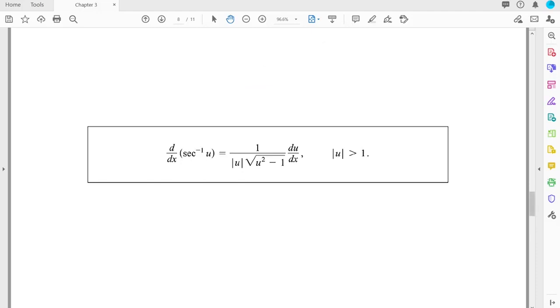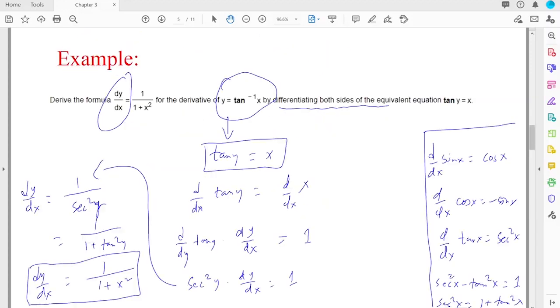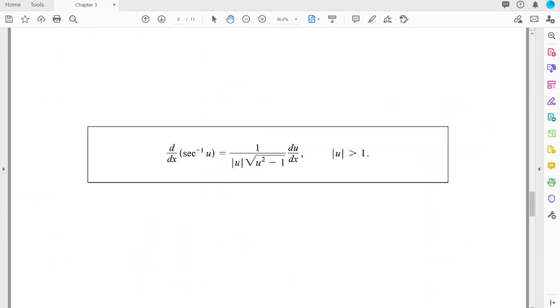Similarly, the derivative of secant inverse u is 1 over absolute value of u times square root of u squared minus 1, times du over dx. So these are some formulas you can always derive using the same idea I did here.